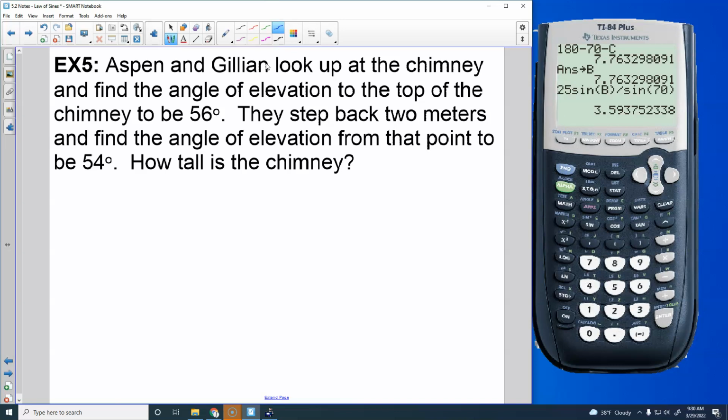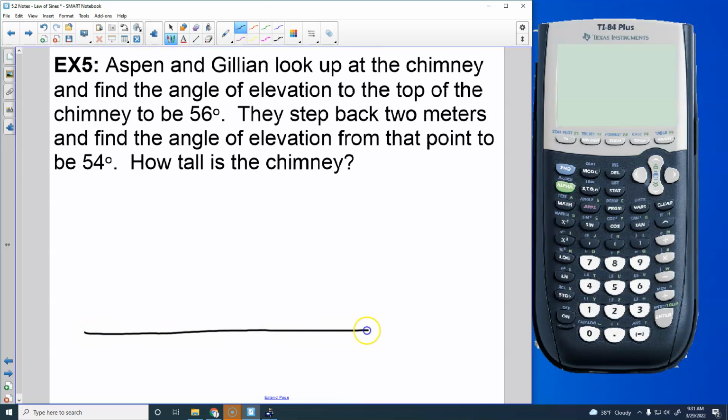There's a big giant chimney there, and it's probably one of the most interesting things to figure out how tall it is on the campus because it's very tall. But the problem with it is that if you're down there at the chimney, we're going to pretend that ground is level, but it's not exactly level. The chimney is right here.